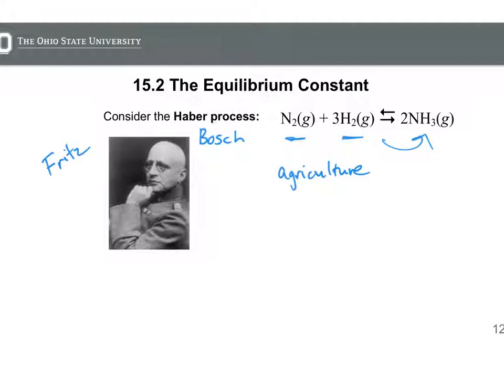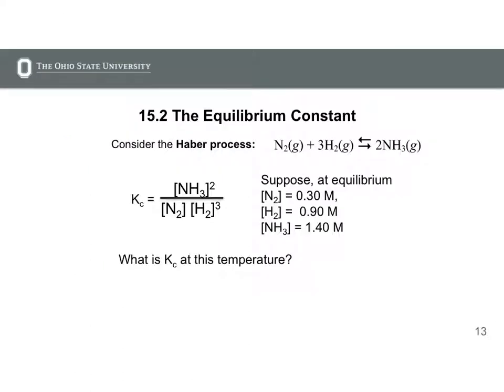So let's look at our reaction for the formation of ammonia, our equilibrium. And let's say that at equilibrium, we take a sample of whatever container we're reacting in, and we find that we have 0.3 moles per liter of nitrogen, 0.9 moles per liter of hydrogen, and 1.4 moles per liter of ammonia.